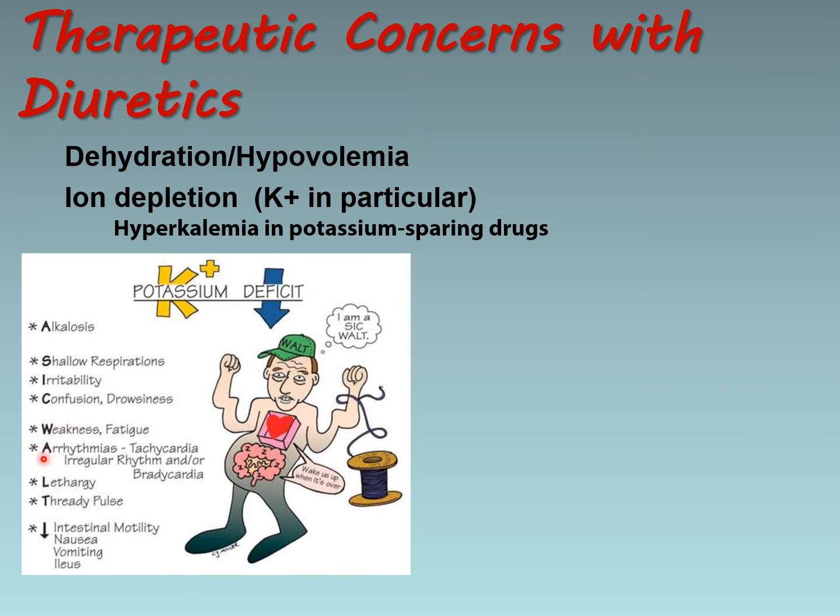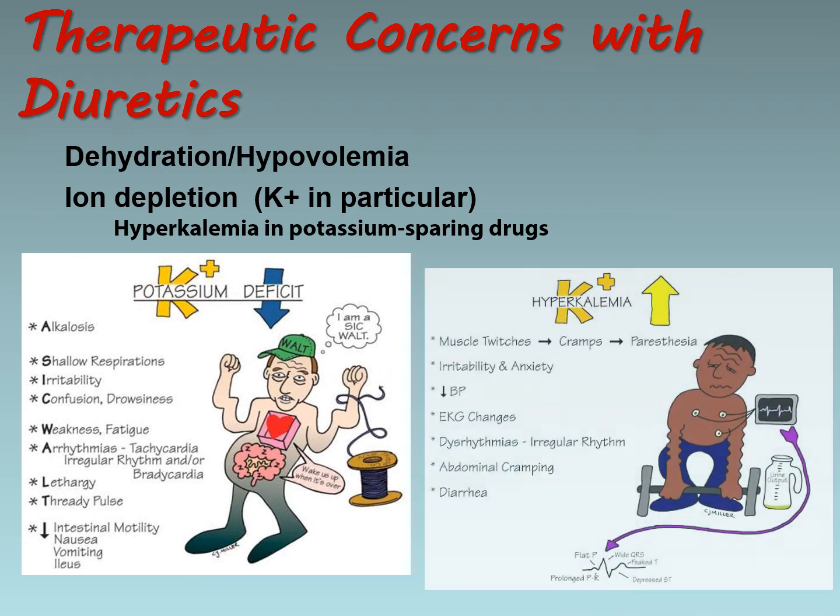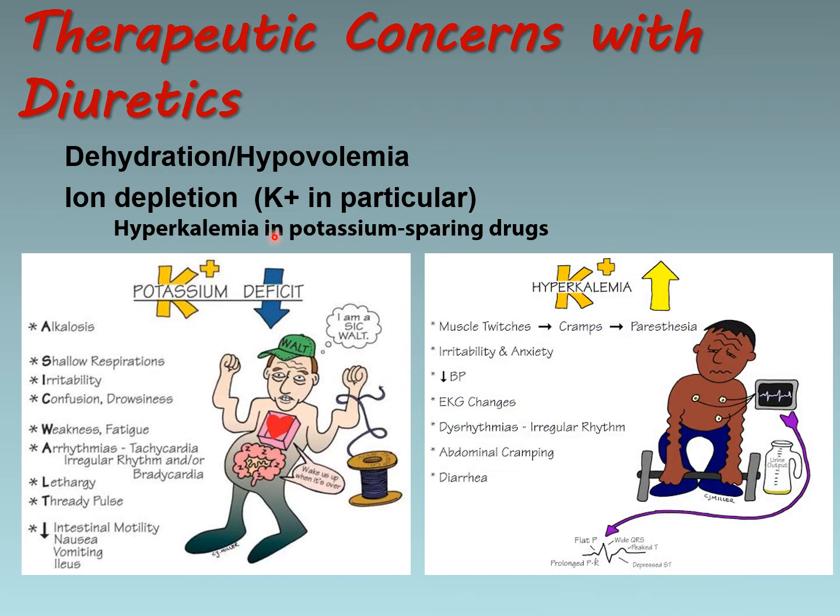Weakness, arrhythmias, lethargy, and thready pulse are all signs of a potassium deficit or perhaps even a potassium imbalance. If they have hyperkalemia, they may also be irritable. Why? Because potassium is involved very much in nerve function, muscle contraction, and cardiac function.